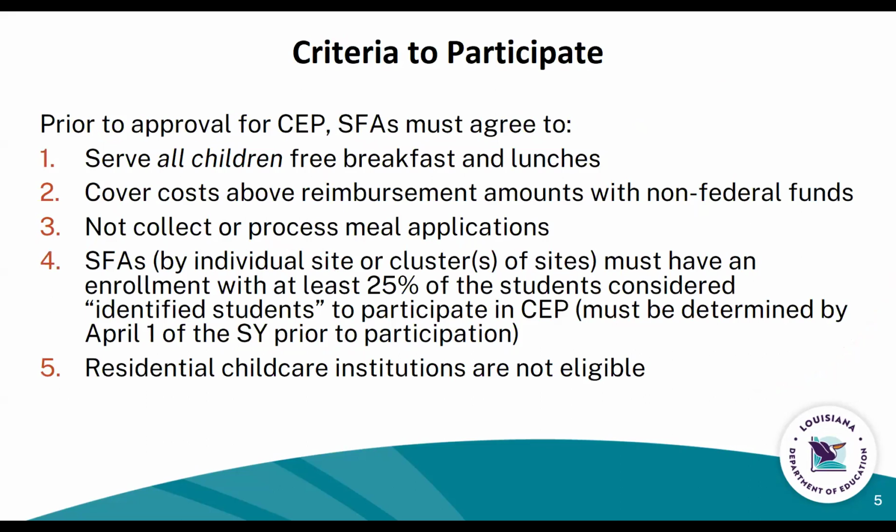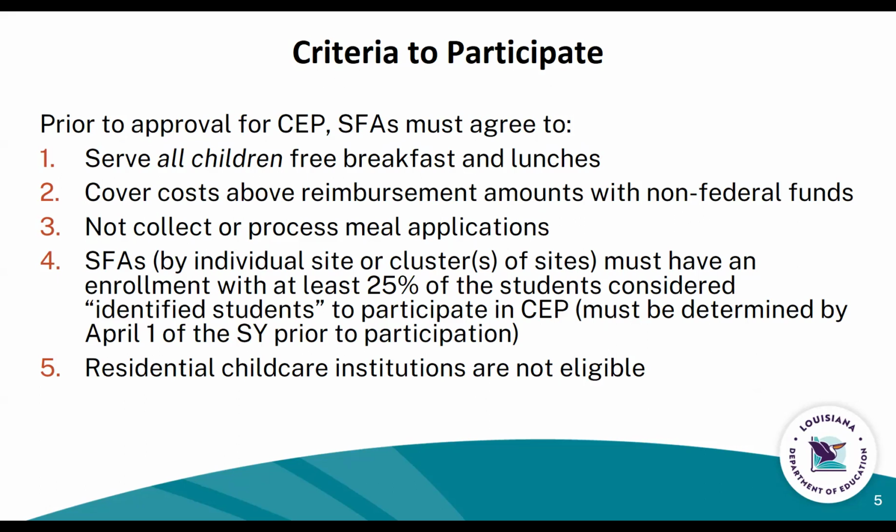So, criteria to participate. Prior to approval for CEP, school food authorities must agree to: 1, serve all children free breakfast and lunches; 2, cover costs above reimbursement amounts with non-federal funds; 3, not collect or process meal applications; 4, SFAs, by individual site or clusters of sites, must have an enrollment with at least 25% of the students considered identified students to participate in CEP.